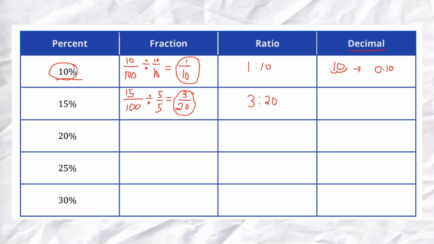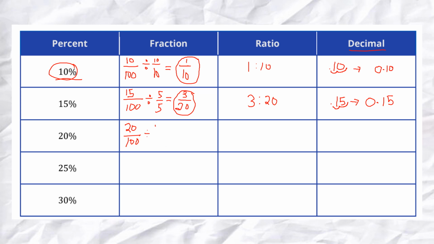And for the decimal part, so that is 15%. So move the decimal point twice to the left. So 1, 2. So you now have 0.15.